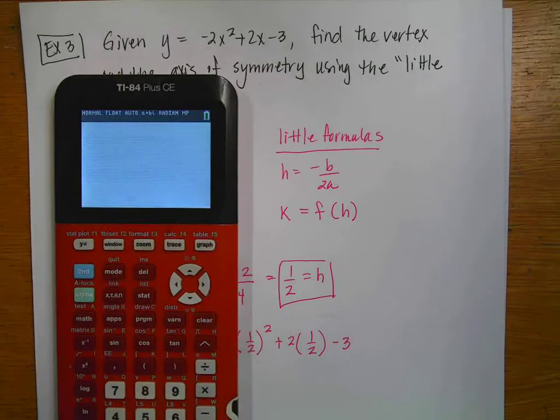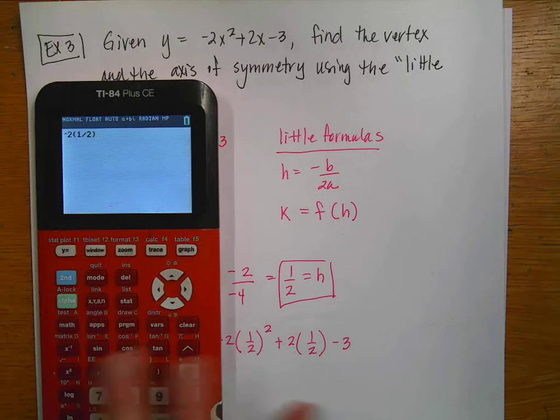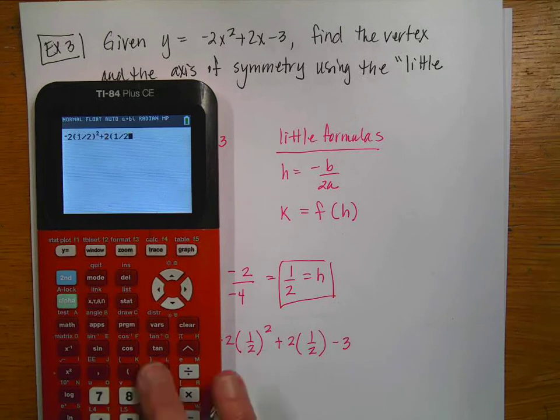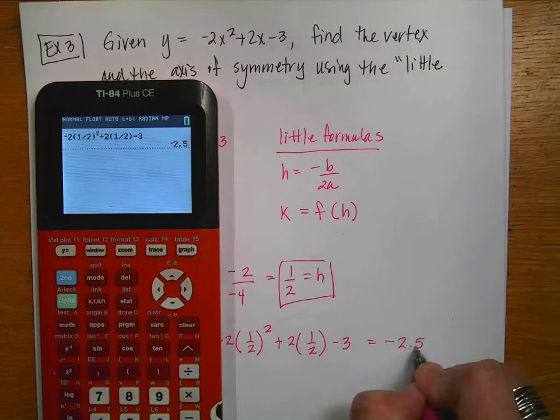If I put that in my calculator, I'm going to have negative 2 times (1 divided by 2) squared, plus 2 times 1/2 minus 3, and then I hit enter, and I get that k is equal to negative 2.5.